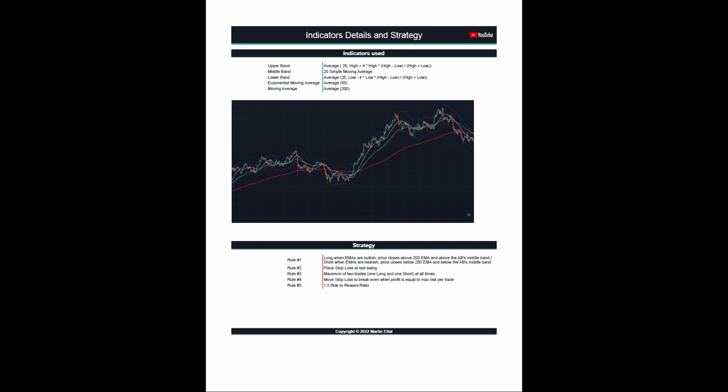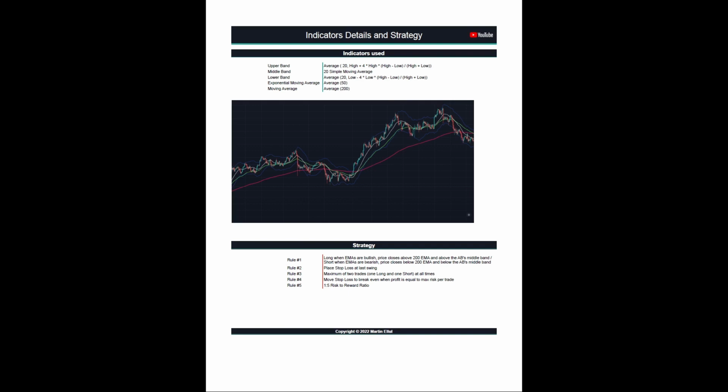The middle band is a simple moving average of the last 20 bars, and similarly for the lower band, it is the average of the last 20 bars and the lowest price of the current bar minus 4 times the lowest price times the highest minus the lowest prices divided by the highest plus the lowest prices of the current bar.